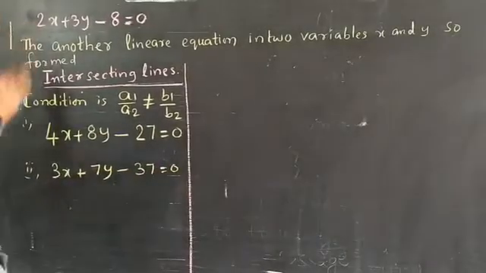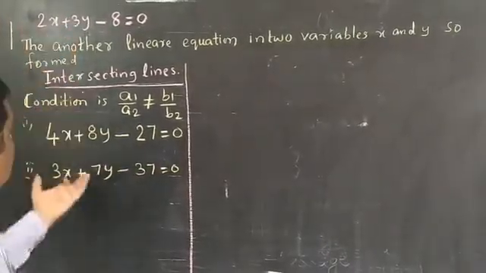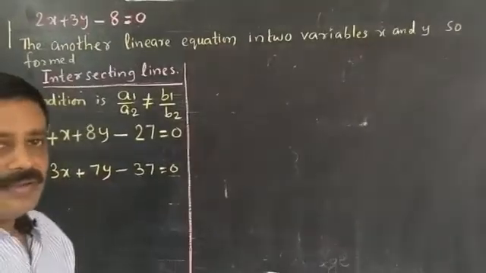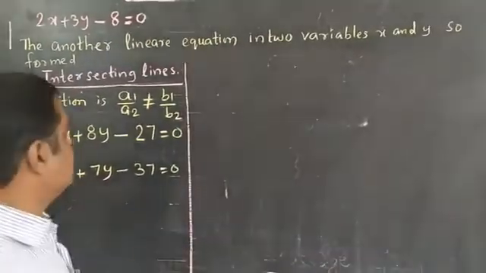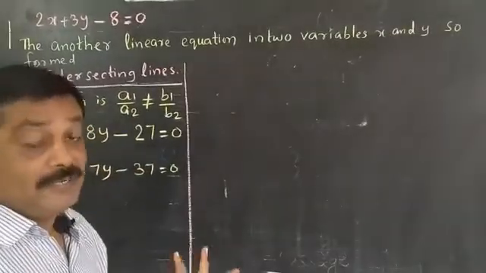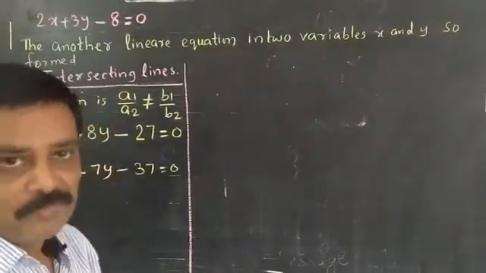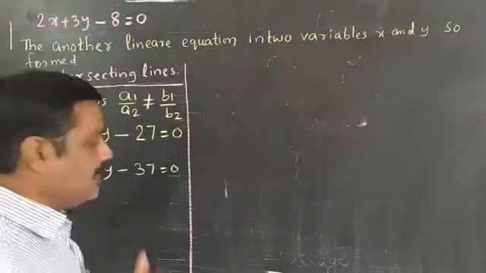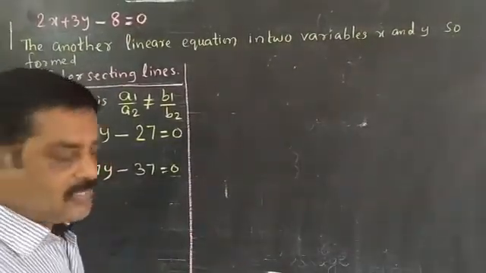See here, 2 by 3 is not equal to 3 by 7. You have to make them like this. How many can we make like this? Infinite answers. So he is asking to make only one of the equations.